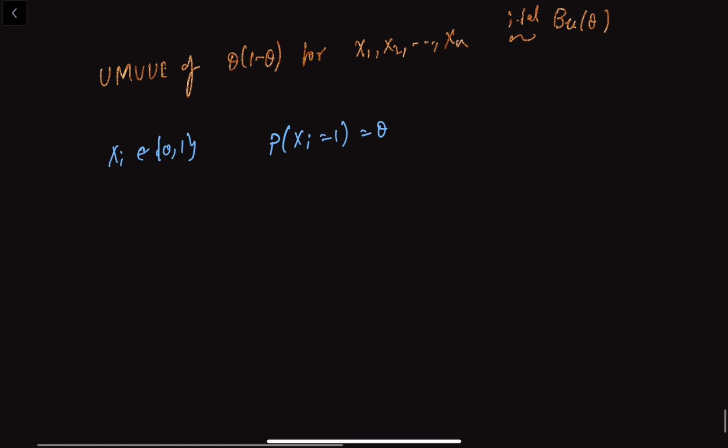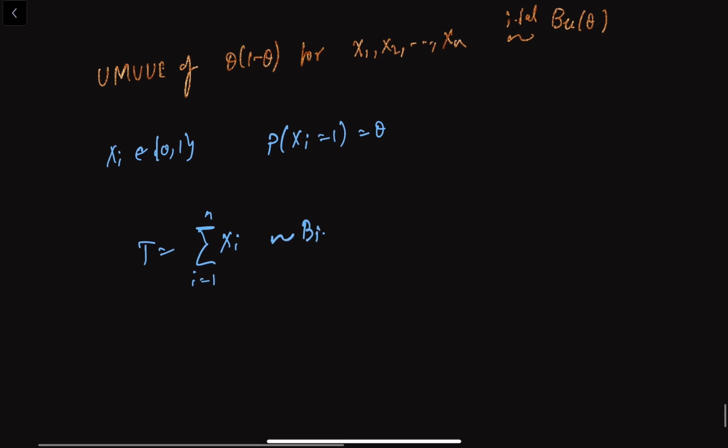The joint PMF depends on the sample only through the summation of Xi. Let T be the summation of Xi from i equals 1 to n, which follows Binomial(n, theta).